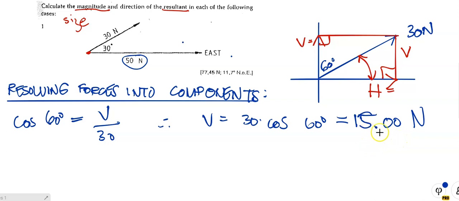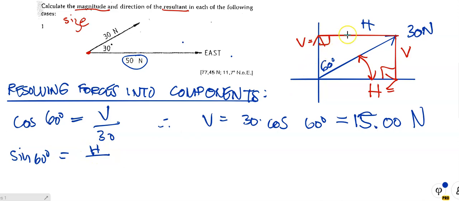A lot of students will write 15 Newton here. It's not exactly technically correct because it could be 15.01, it could be 15.02, it could be 15.13, and so on. So it's 15.00 Newton. Now you will agree with me that if that's V there, and this side here is equal to that side, I can call that side H. So in that triangle there, I'm going to say the sine of 60 degrees is equal to H over 30.